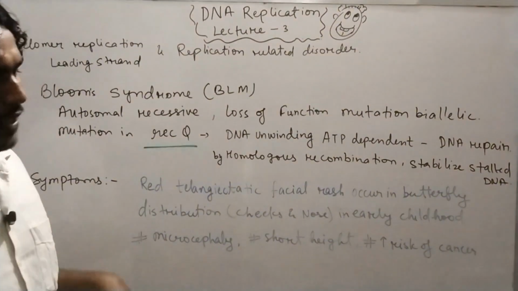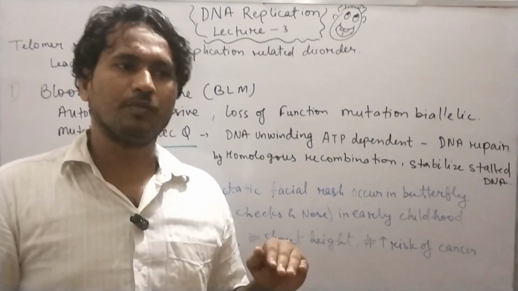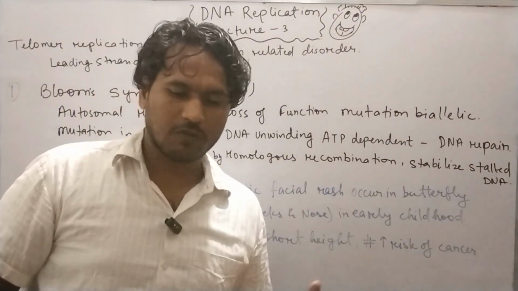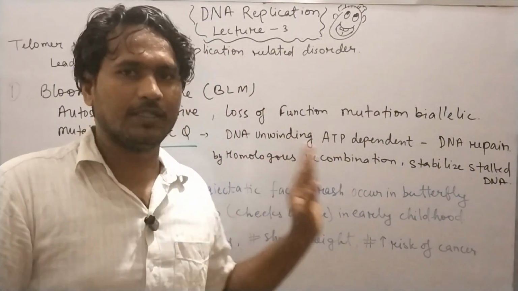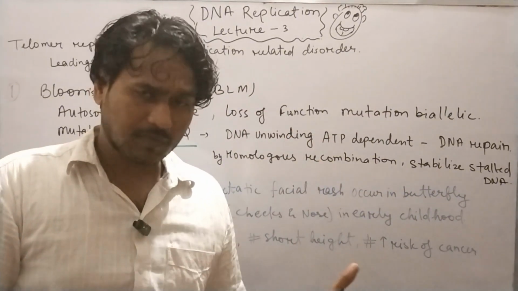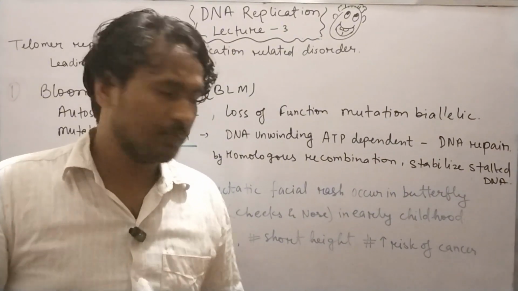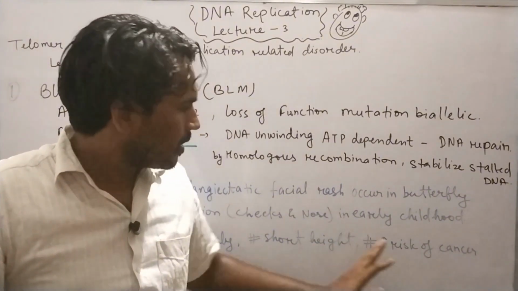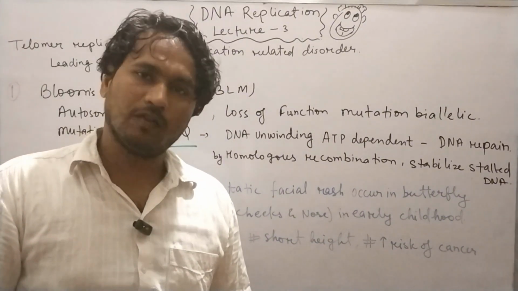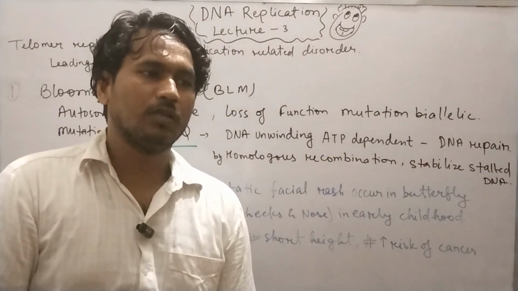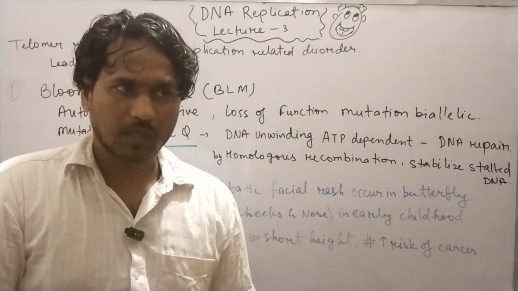Also, their head will be small, their height will be small, and it will form a standard deviation from the mean. Another thing is that it will increase the risk of cancer, as well as decrease the immunity of the person. Okay, so this is an important thing.